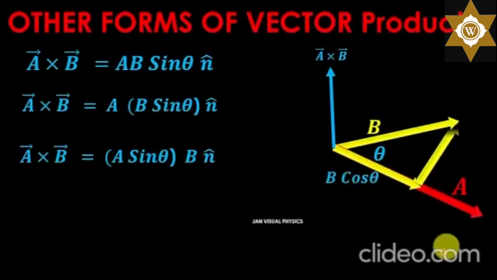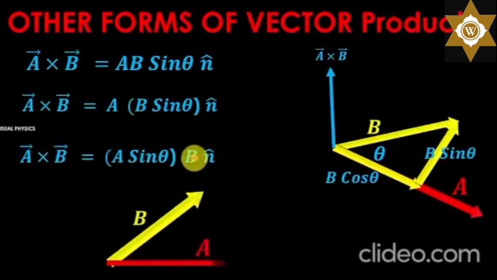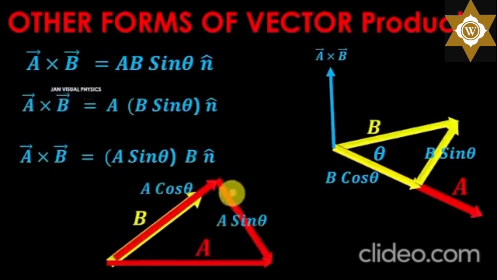That is, we multiply magnitude of a vector by the component of b vector which is perpendicular to a. And the meaning of this equation is we multiply the magnitude of b vector with the component of a vector which is perpendicular to b. We get the same result from all these three equations.